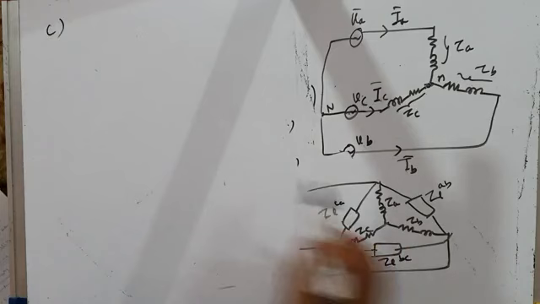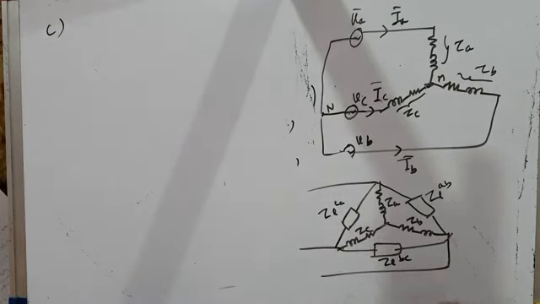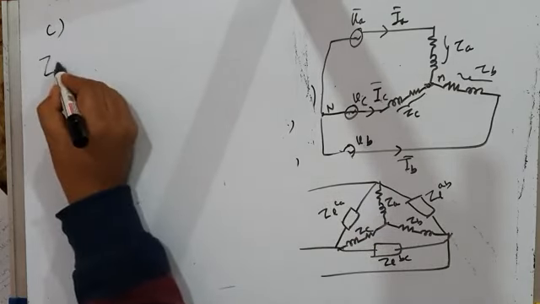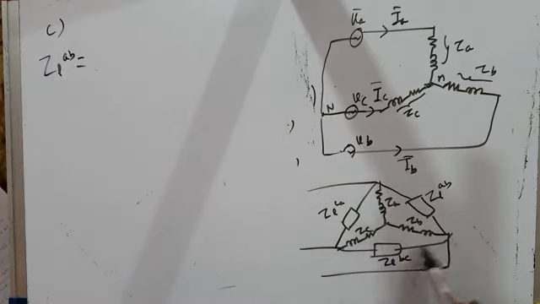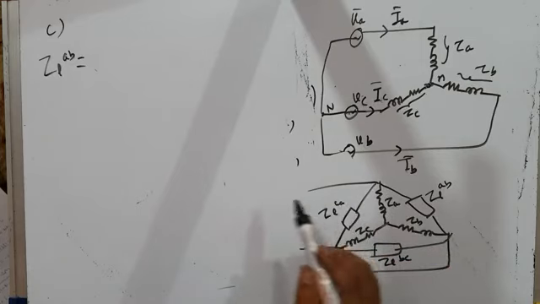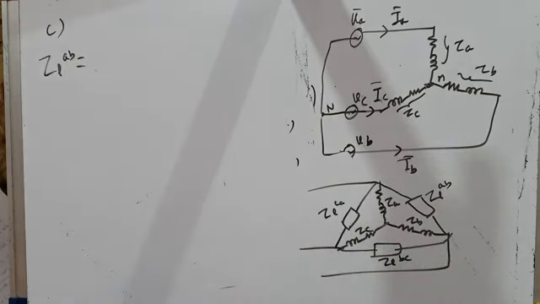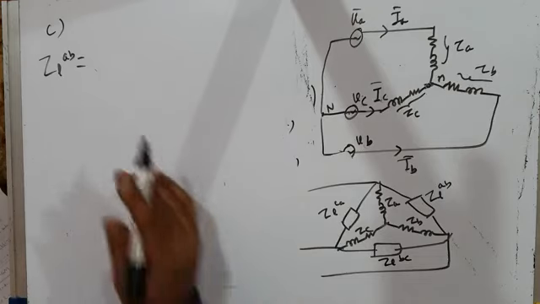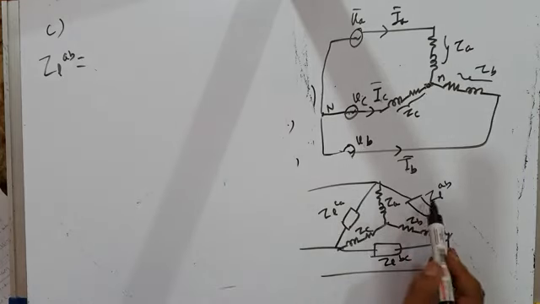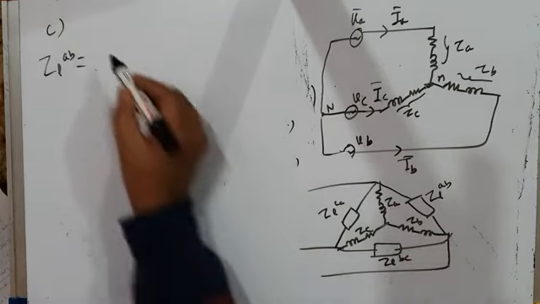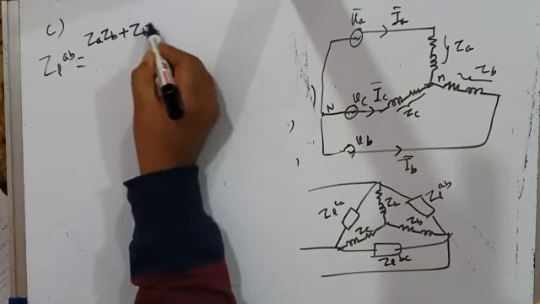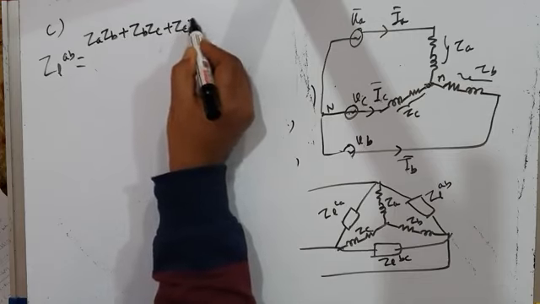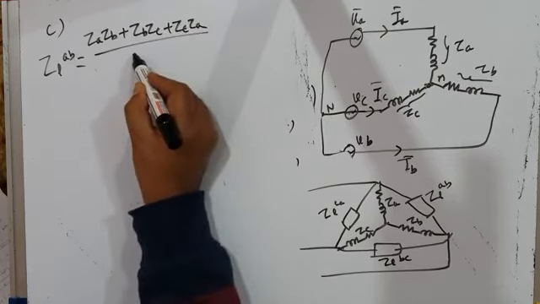So as per star delta transformation, what is ZLAB, the line impedance of this equivalent delta connected load in terms of the star connected load? If you remember from your basic electrical engineering, ZLAB is connected between A and B, so it is ZA ZB plus ZB ZC plus ZC ZA divided by ZC.